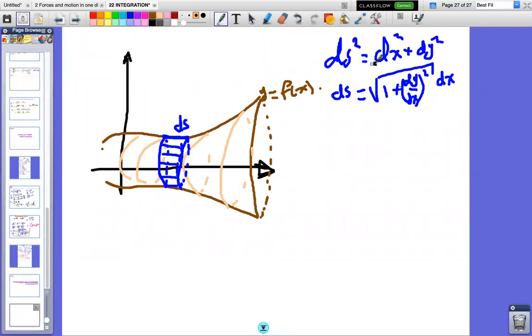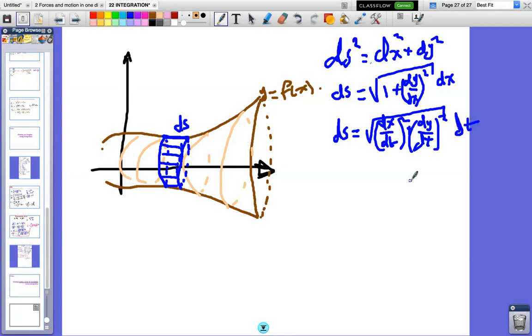And if your function is given in terms of t, that's a parametric function, we saw that ds over dt squared equals (dx over dt) squared plus (dy over dt) squared, giving ds as the square root of (dx over dt) squared plus (dy over dt) squared, times dt. So that is our ds for this small part here.